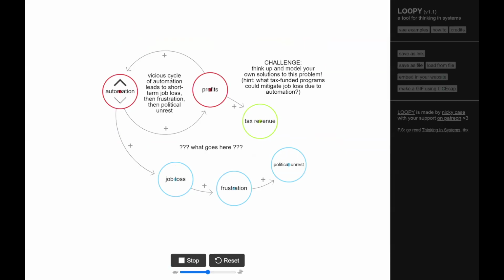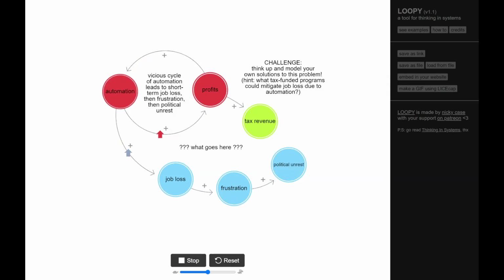You add more automation to the industry, yeah, there's more profits, but then there's extra job loss, frustration, and political unrest. Profits create more automation and tax revenue. Yeah. So this is just a tool that helps visualize simple loops easier, so you don't have to go through all the mental gymnastics to figure out how the loops work.